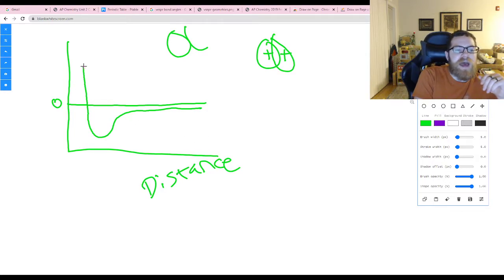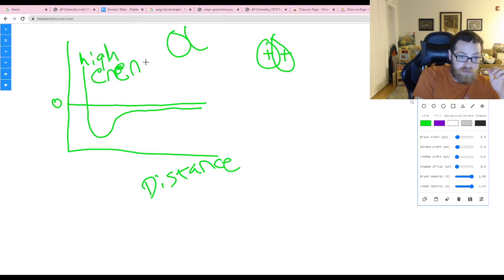This makes for a very high energy. High energy is bad for stability. High energy, right, means it is unstable.